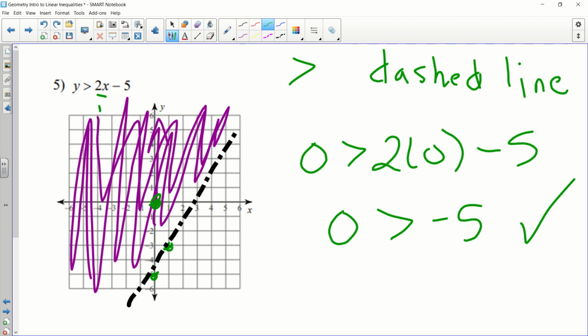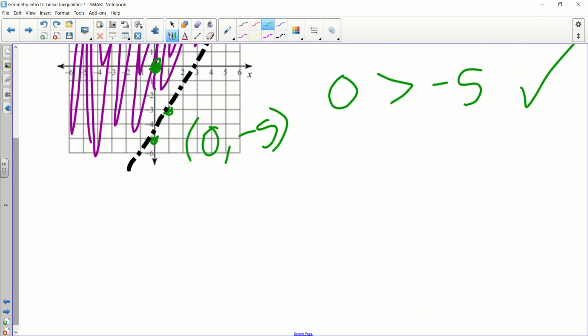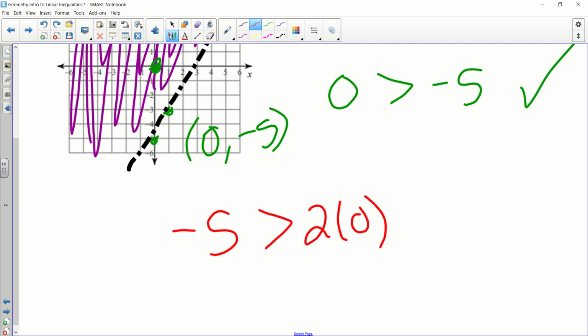Let's check out this dashed line. We know down here, 0, negative 5 is a point that is on that line. So if I put that into my equation, negative 5, I end up with negative 5 is greater than negative 5.